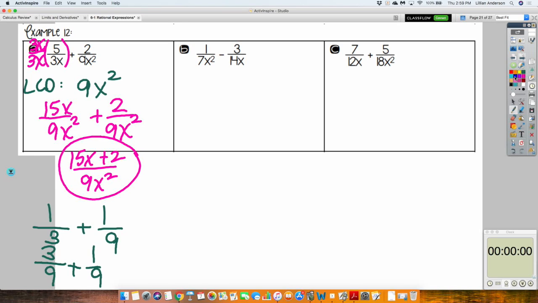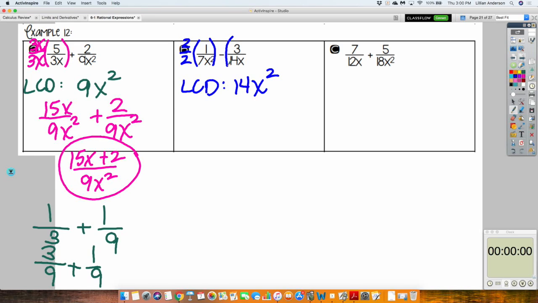What about for B? 14x squared. Think about what number 7 and 14 can both go into, and x squared and x can both go into. That's a 14x squared, which means I have to multiply this first fraction by what? Just the 2. So I have to multiply the top and the bottom by 2. Do I have to multiply the second fraction by anything?